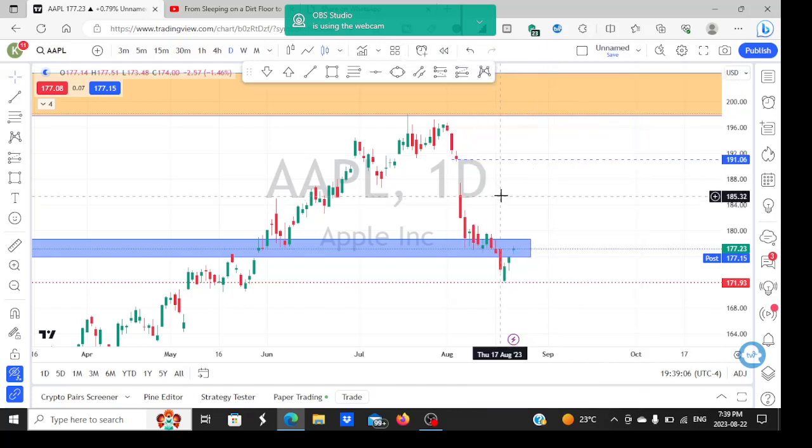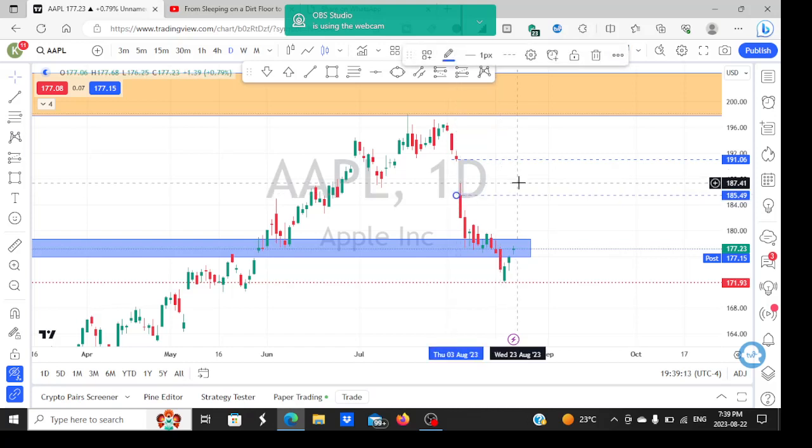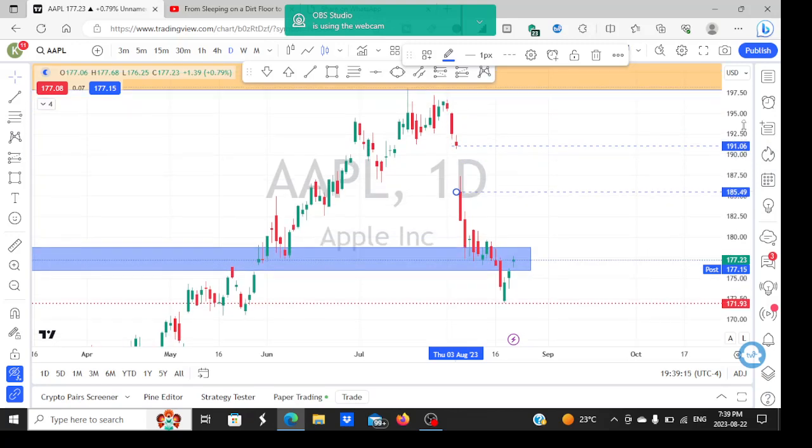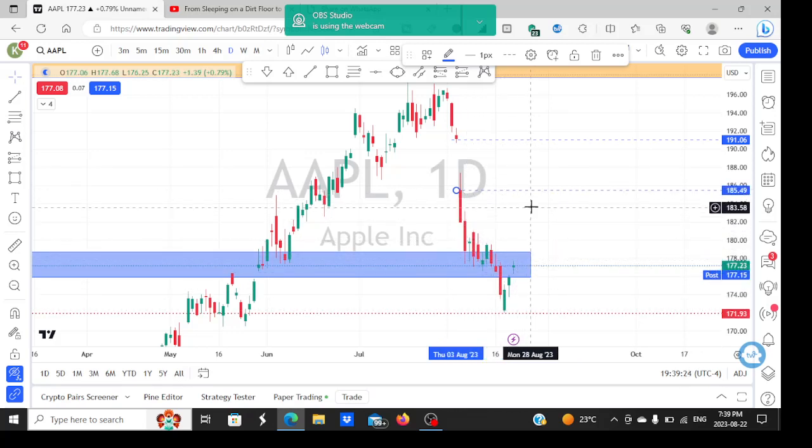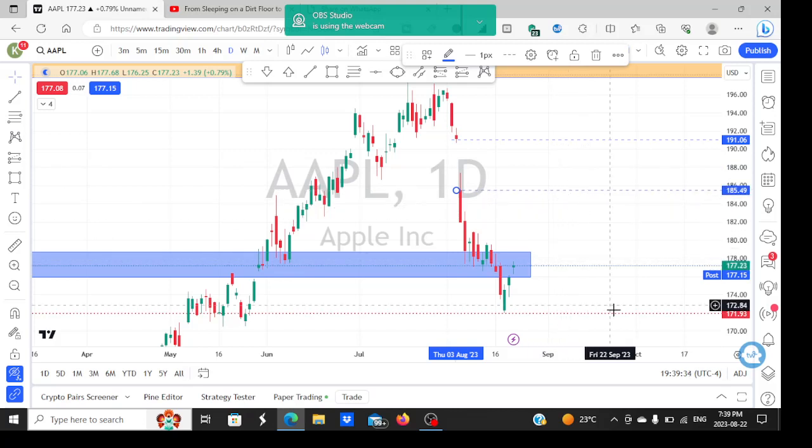So we'll use, I think they're rays, something like that. Put them right there. But that's our gap. And so Apple is able to come all the way up to this gap, and there are a lot of sellers sitting in this gap. So once it hits this zone, it will come back down.